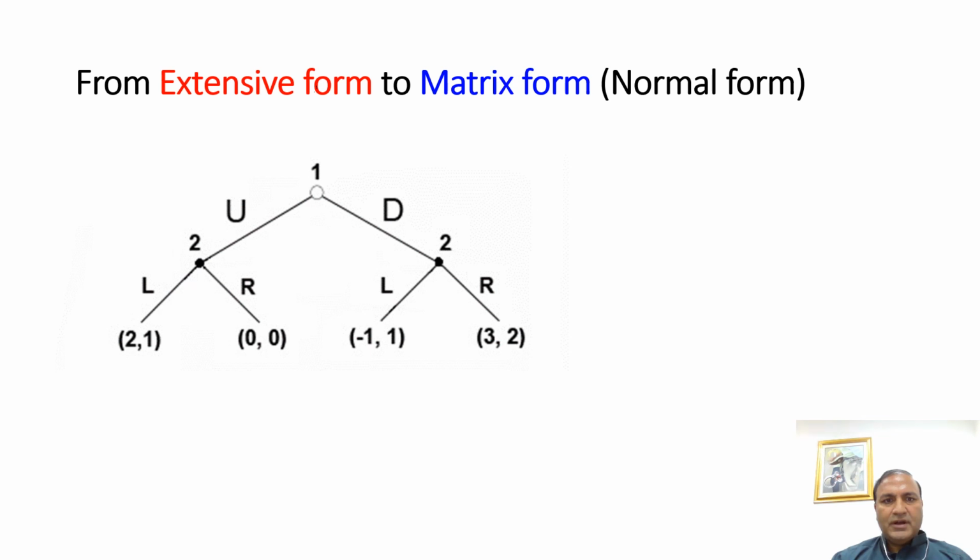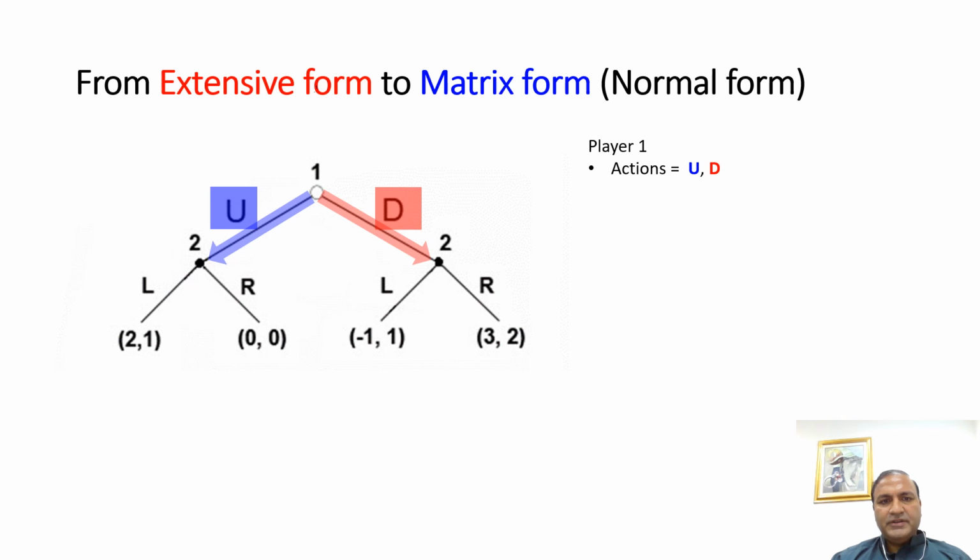Let us start with player number 1. He can choose either U or D. So if I write the actions for player number 1, he has two actions, U and D.